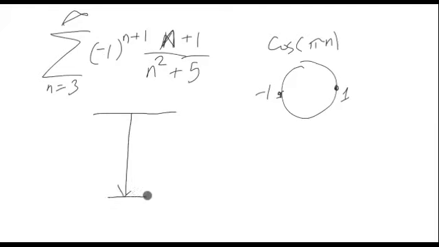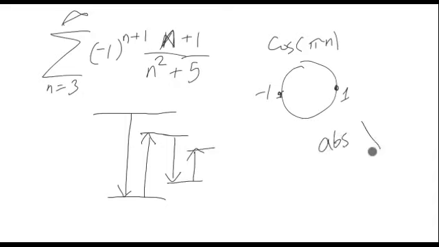Let's also suppose that the absolute value of the terms is decreasing, meaning that if I've subtracted this much, next time when I add, I won't add as much as I subtracted. And then when I subtract again, I won't subtract as much as I added before in absolute value. And I go like this. If I have that condition so that the absolute values are decreasing, then I'll have something like this.